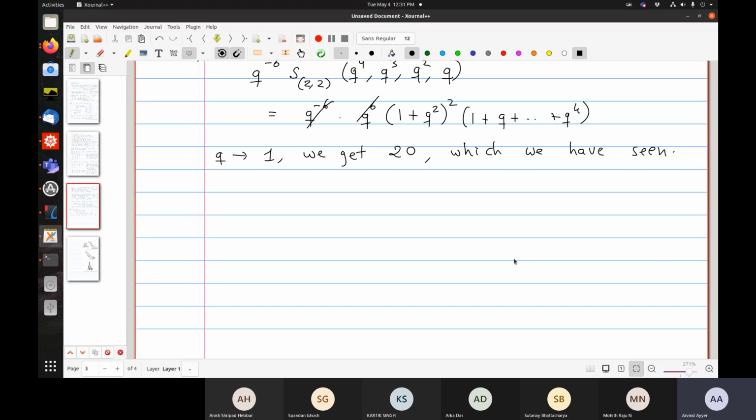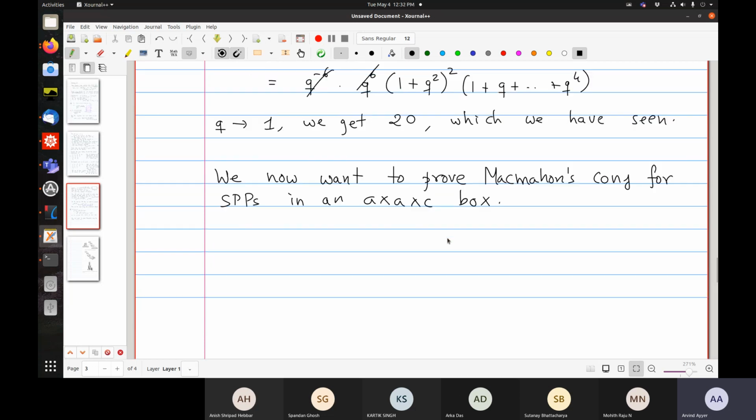So we now want to prove MacMahon's conjecture for SPPs, symmetric plane partitions in an a by c box.